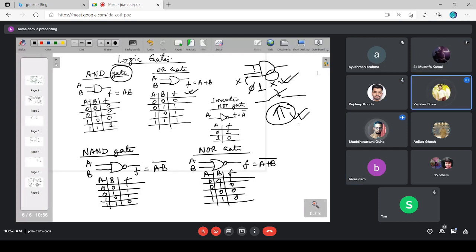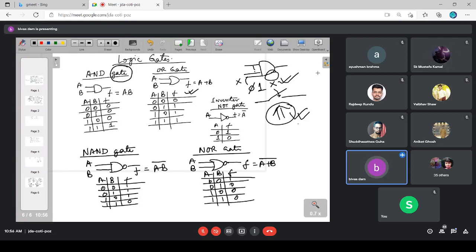Sir, 1. No. 0 only. Yes, sir. Only thing is that under the disabled condition, for the AND gate the output is 0, and for the NAND gate the output is 1. That's the only difference. If you go for the OR and NOR, under which condition is the gate disabled?